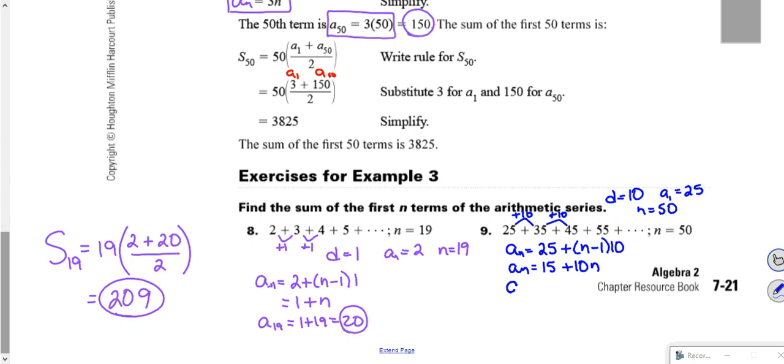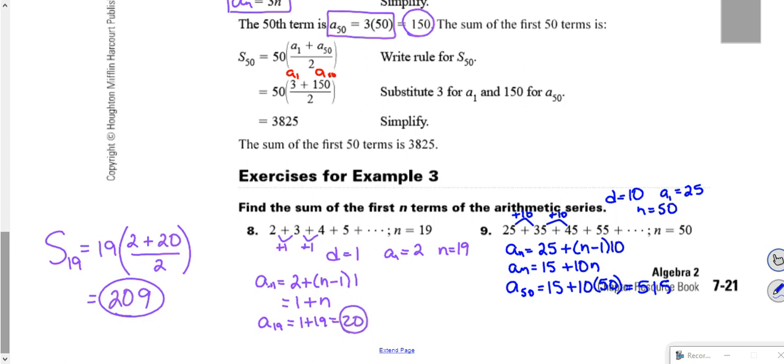So then my A sub 50, my 50th term of the series, is 15 plus 10 times 50. 10 times 50 is 500, plus 15 is 515.